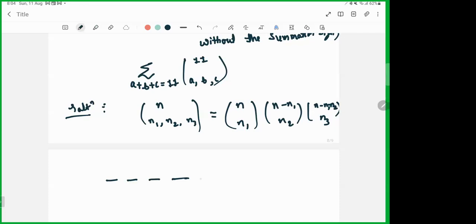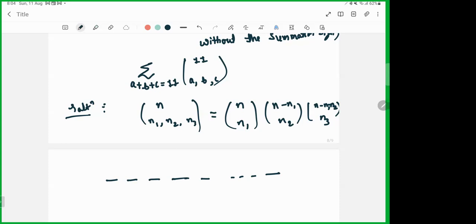So you have 11 positions. Now you have A, B, C, which are basically three types. Among these 11 positions, we have three types of objects to put, these three A, B, C types of objects.